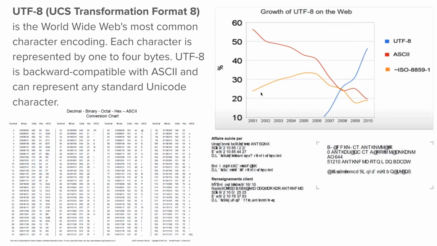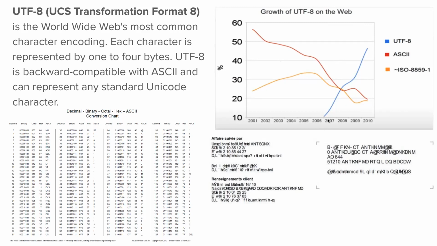These were different ways of encoding machine text for computers to understand, for humans to understand. And as you can see, up until the mid 2000s, ASCII used to be the dominant encoding format of the web.